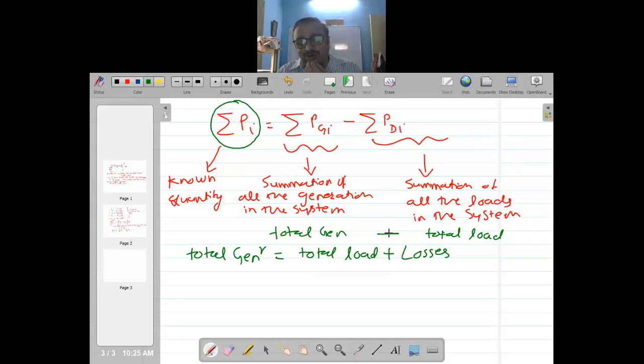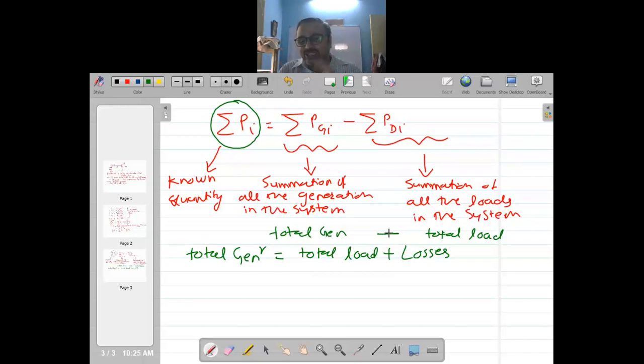And what is power? Power is energy per second. So at every second, we must have a balance of power. So the total generated power must be equal to the total load plus somewhere it must be going. Otherwise, total load is smaller than total generation. This cannot happen. So it will go into the losses in the system.